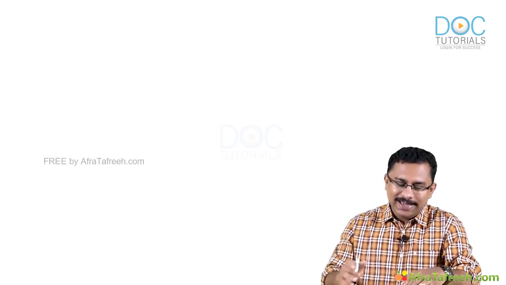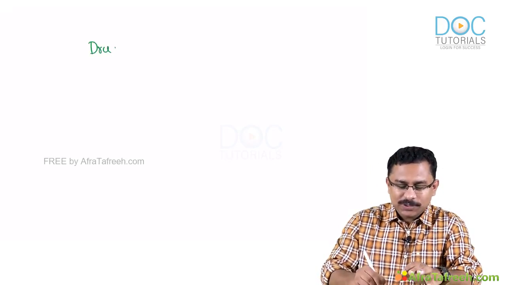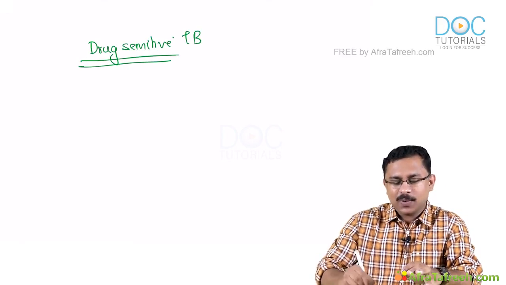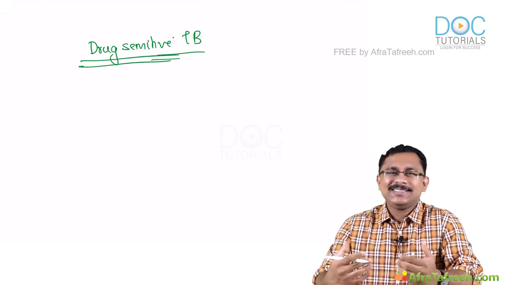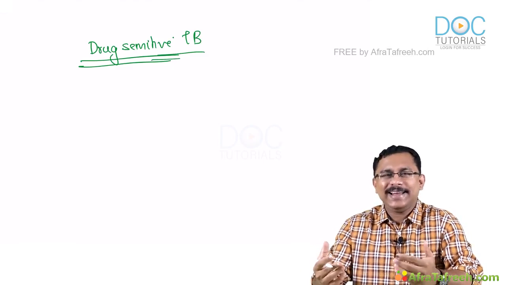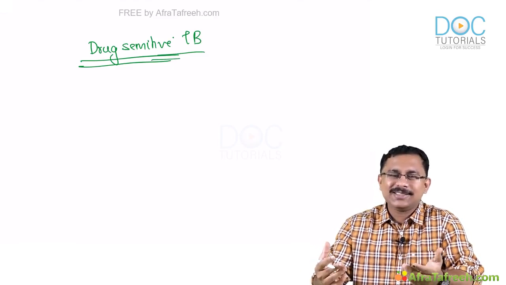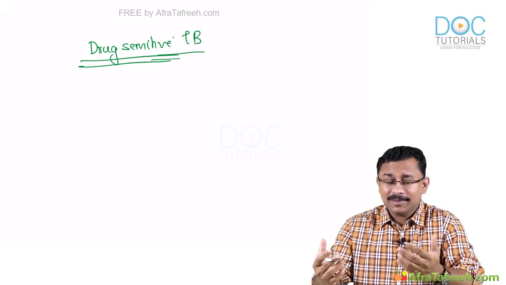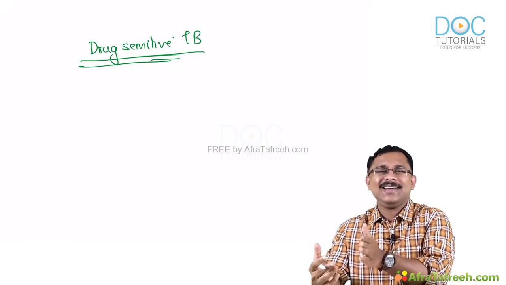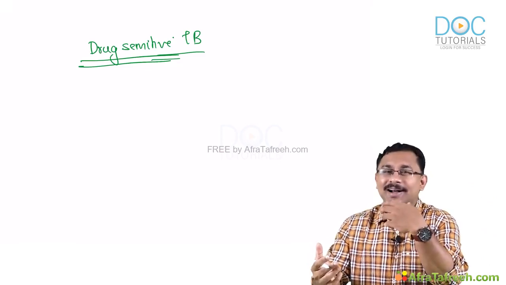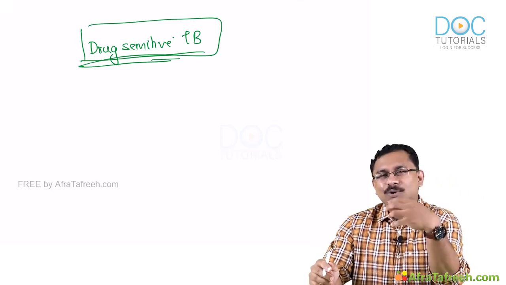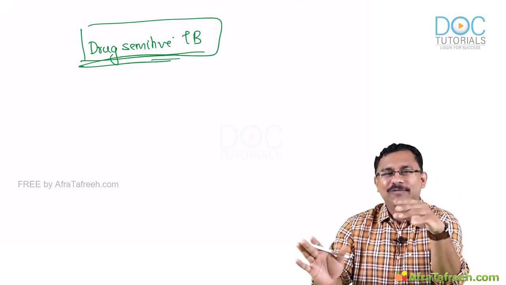Suppose I'm going to treat a drug sensitive TB, which means probably I've done a CBNAAT and there is no rifampicin resistance. The second test, the first line probe assay, showed there is no INH resistance. So you have done the line probe and CBNAAT, and now you are planning to treat the patient. There is no problem of any resistance.